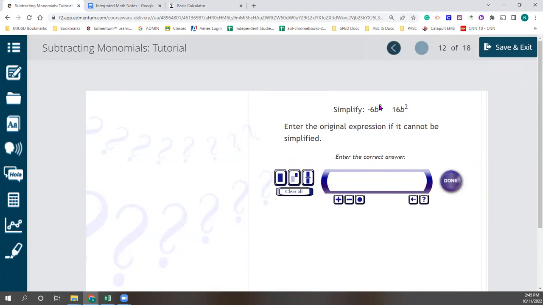Negative 6b squared minus 16b squared. B squared and b squared, those are like terms. So negative 6 minus 16 is going to be negative 22.